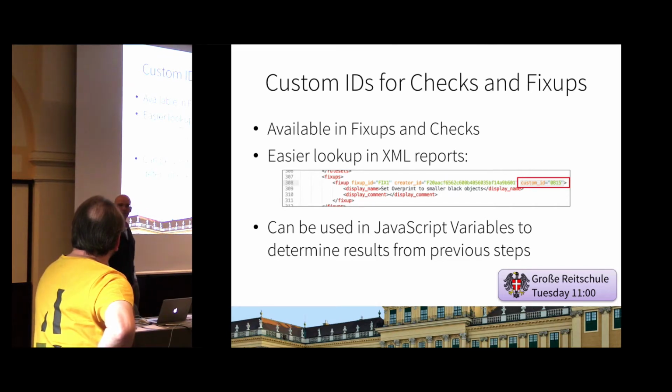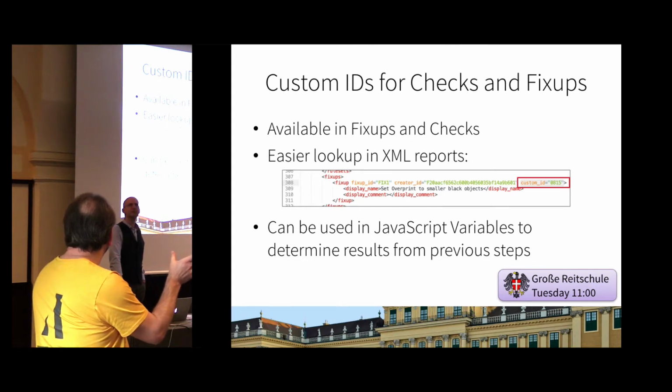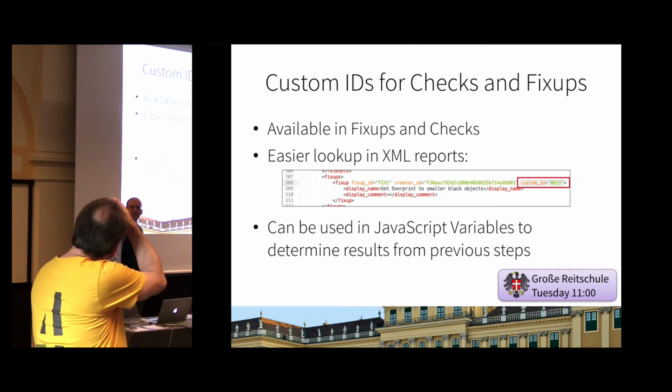We have customers who run preflight and generate XML reports from that, and then they want to show customized messages to their clients. Yeah. This could be used for that as well.